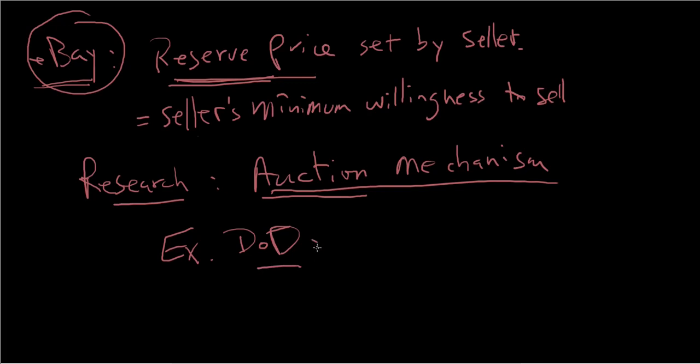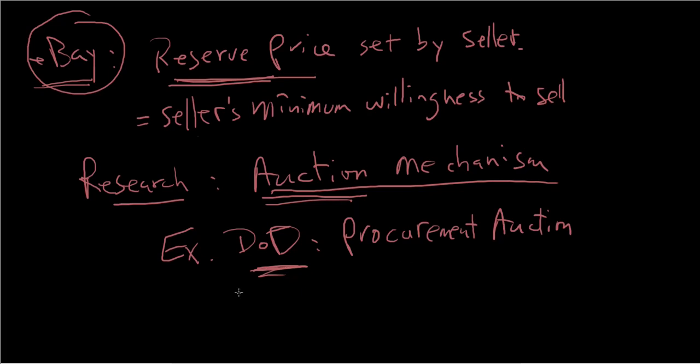They purchase everything through auction, from office supplies to jet fighters. It's known as the procurement auction. The Department of Defense uses this auction often, most of the time.